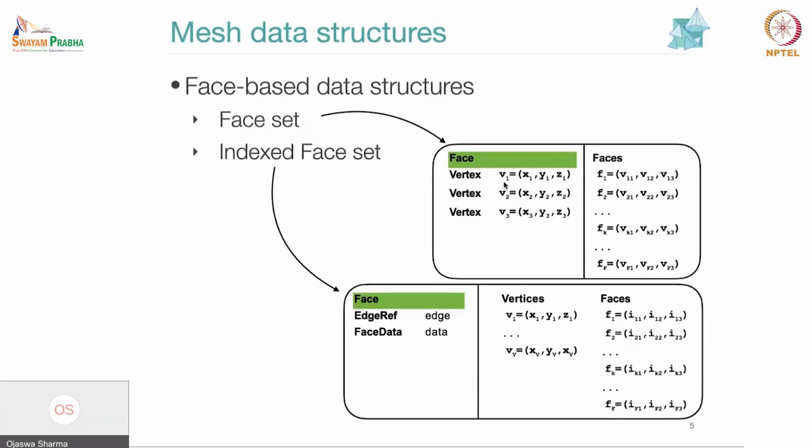Yes, you don't know the valency of each vertex, and more importantly, you don't know which vertex is connected to which other vertex. In between the triangles. Within a triangle, yes, you know that there are 3 vertices and they have to be connected to each other. It's a complete graph for a triangle. But between 2 triangles, you don't know what the connectivity is, which edge is shared, which vertices are shared. You don't know that. So that has to be built. But building that, yeah, go ahead, please.